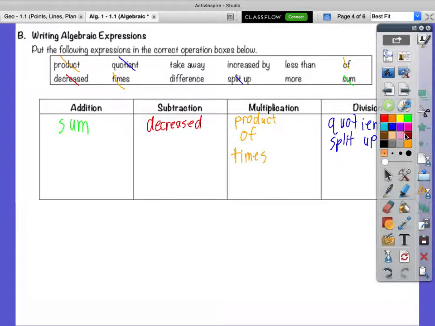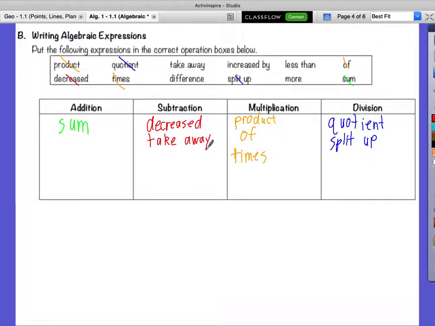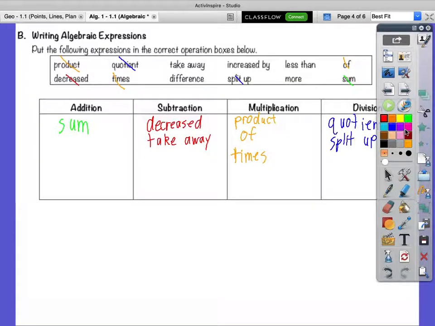Okay. Chase? Takeaway would be subtraction. Very good. Dylan? Increased by would be addition.